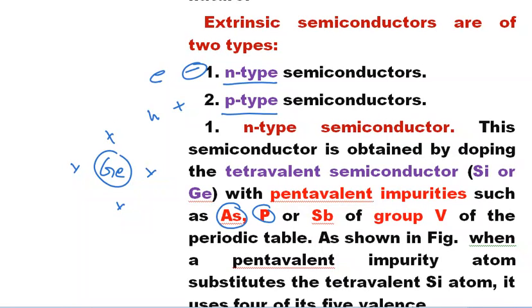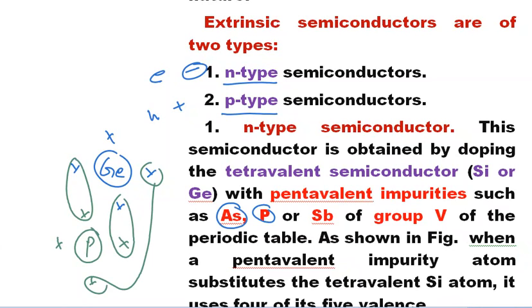When we add this impurity, the scenario is like this. These are the 4 electrons. They make covalent bonds with the corresponding electrons, but the 5th electron of phosphorus, as it is pentavalent, is left vacant here. This left-over electron may move inside the extrinsic semiconductor.